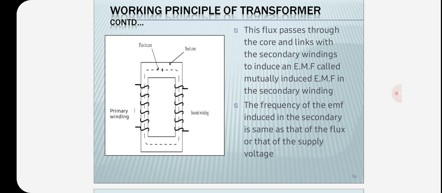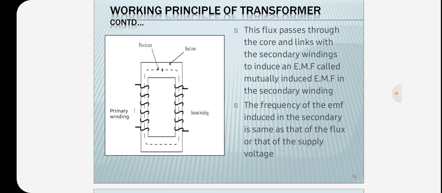Construction of the transformer. A transformer is a static device which transfers electrical power from one electrical circuit to another electrical circuit through the medium of a magnetic field without a change in the frequency.